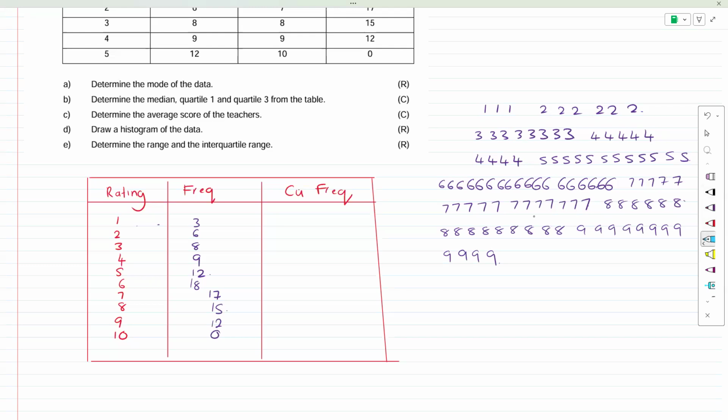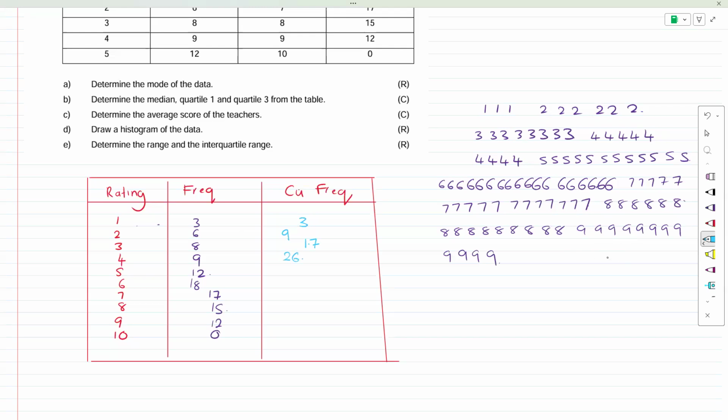Now, cumulative frequency: the first one is just 3. Then we go 3 plus the next frequency. So 3 plus 6 is 9. 9 plus 8 is 17. 17 plus 9 is 26.